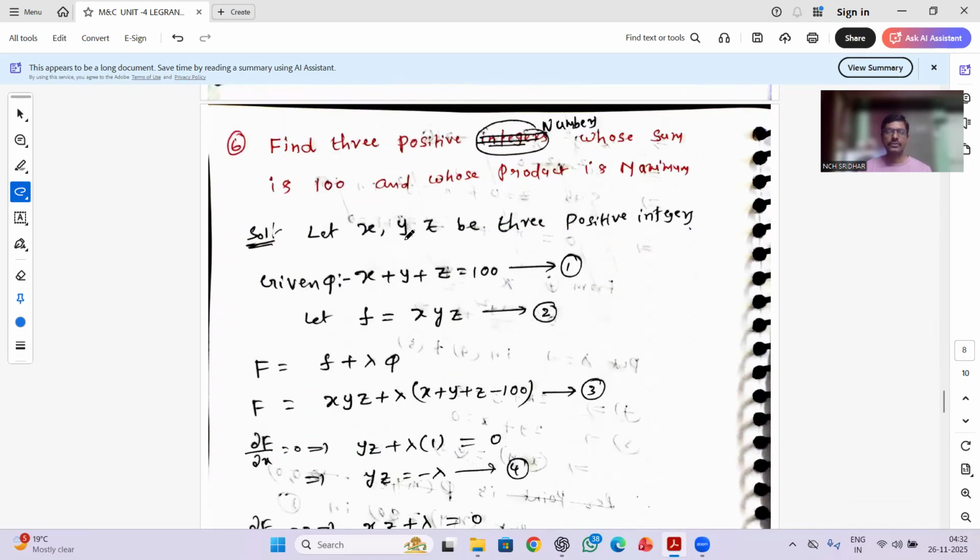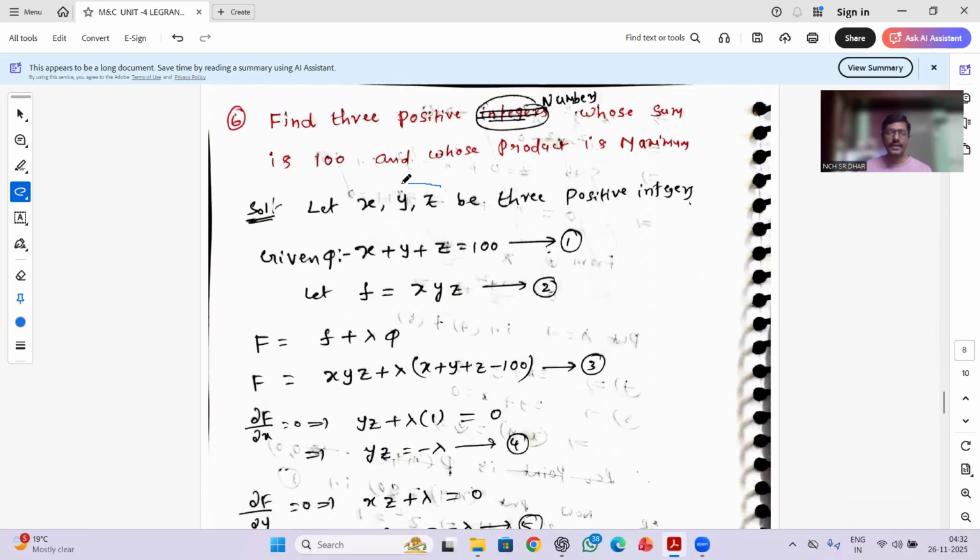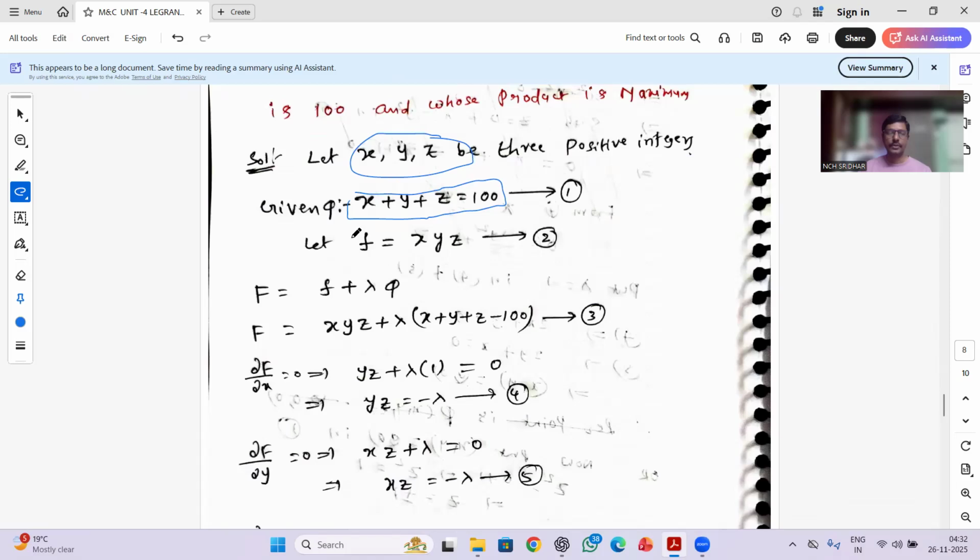So I am taking x, y, z. These three numbers are some positive numbers, and clearly the condition given is that the sum is 100. So I am taking the sum as 100, and the product is maximum. So I am taking the product as f of x comma y comma z equal to x into y into z.